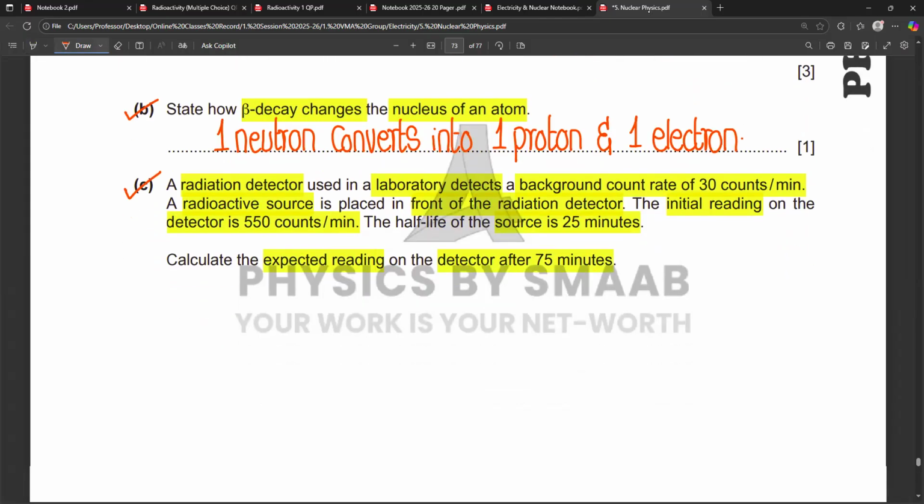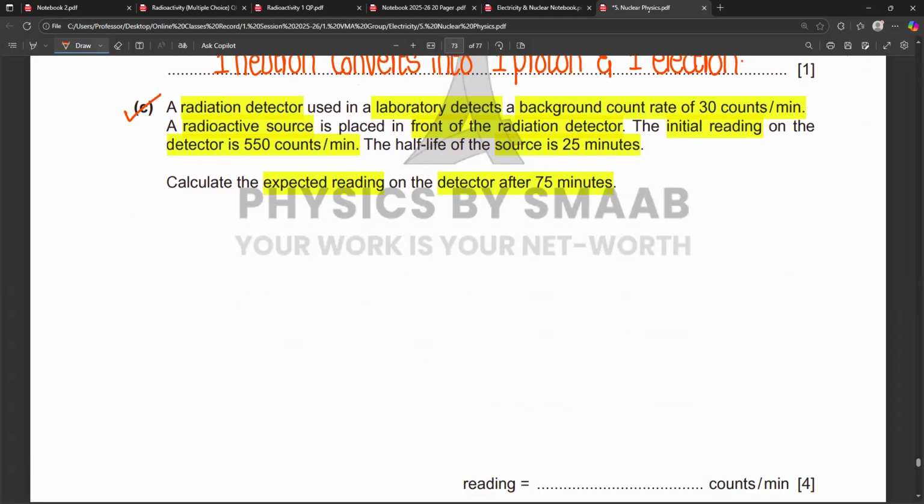So in your question, half-life is already given. Half-life is 25 minutes. And we also have a background count rate of 30 counts per minute. These are the background radiations.